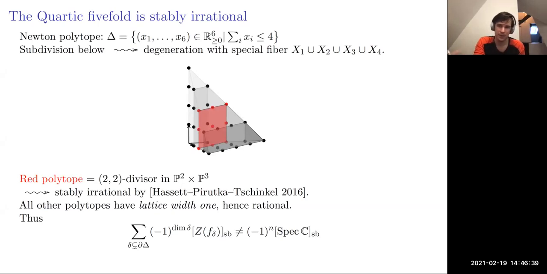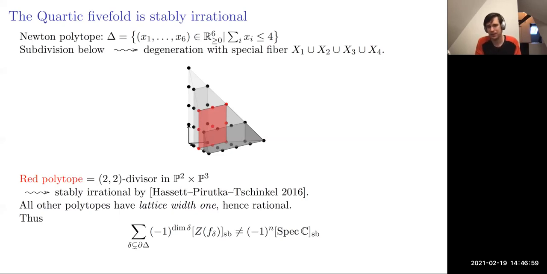And I think this is the main strength of this method: when you degenerate to many components, some of these strata will have very small dimension, and hopefully you can degenerate to some case where this is even irrational.